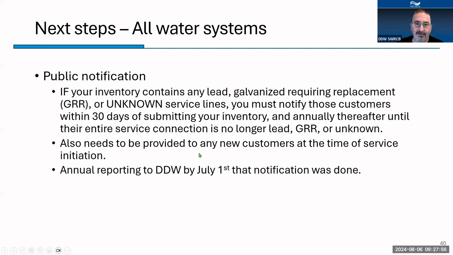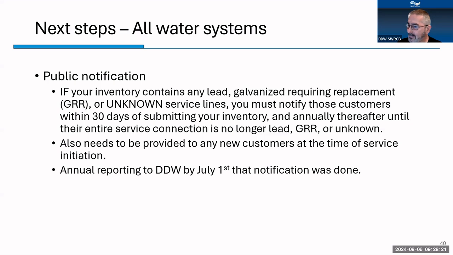So if you have unknowns when it's time to submit your inventory, over the next year, if you end up finding out what that material is, you can stop sending them notification. But as long as that service line is either lead, GRR, or unknown, you have to provide every individual customer that has those lines with public notification.